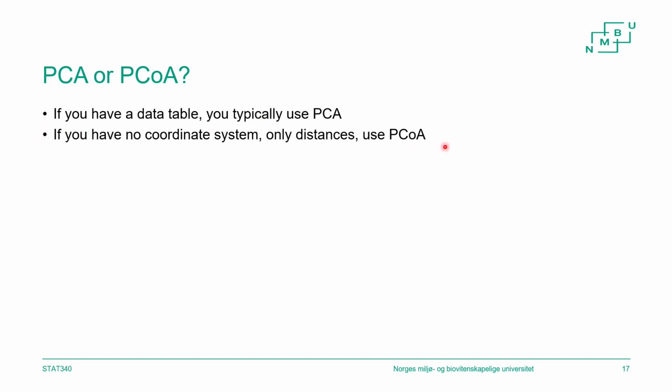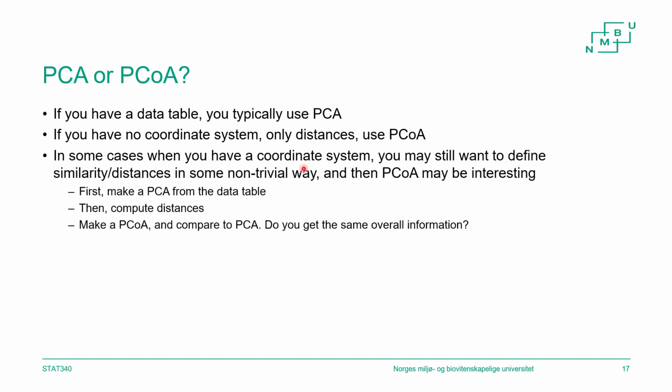Then it makes sense also to do PCOA. So in some cases when you have a coordinate system, you may still want to define similarity in a non-trivial way. And then this may be interesting.